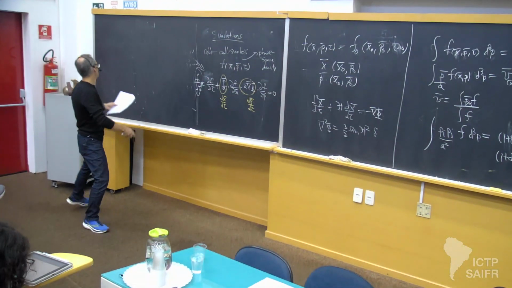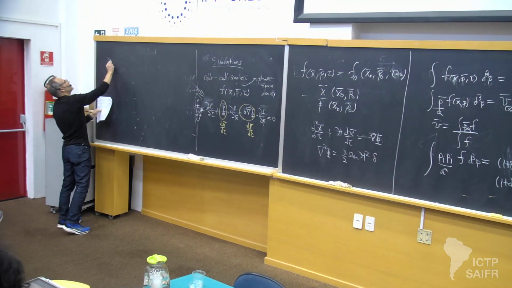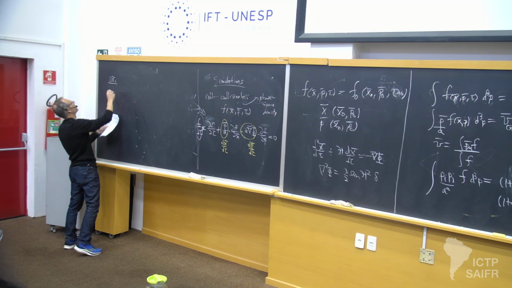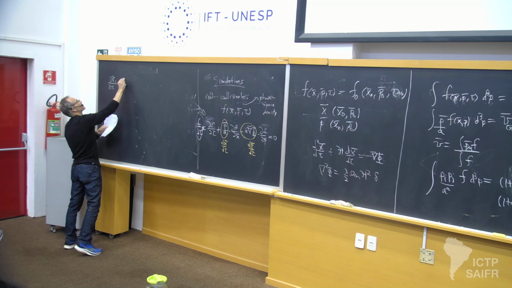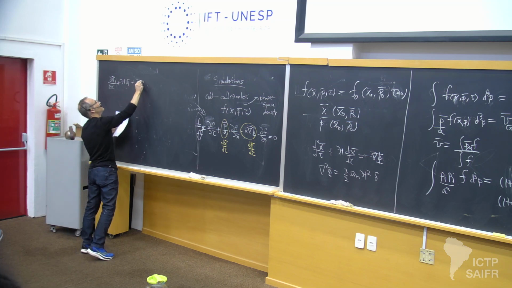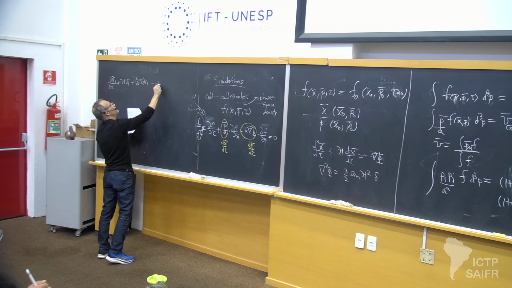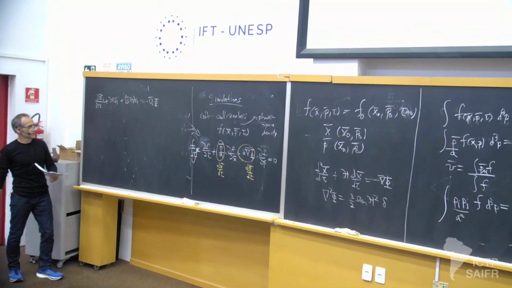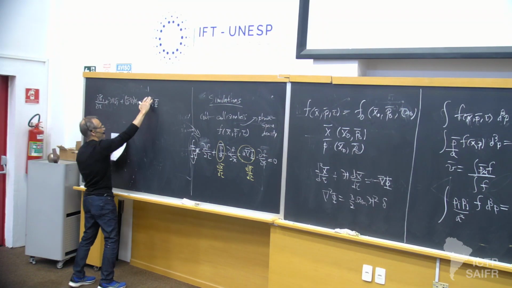So let me write now: once you take a momentum average of that, you get the Euler equation that I wrote the other day, yesterday, I think. So this is the equation that we have. Now I'm writing in index notation because I'm going to need a tensor here.